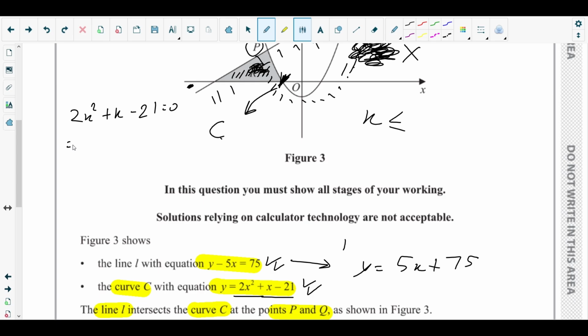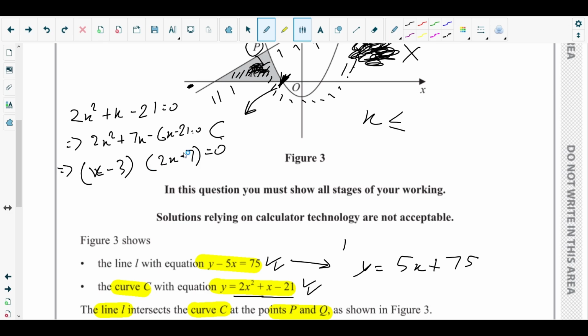Equals to 0. So if you solve it, you will get 2x squared plus 7x minus 6x minus 21 equals 0. It's just rough work. So twice of x times x plus 7/2, you can take x common from here. You take x common, you will get x times (2x plus 7), and from here you can take negative 3 as common, you will get negative 3 times (2x plus 7) equals 0.